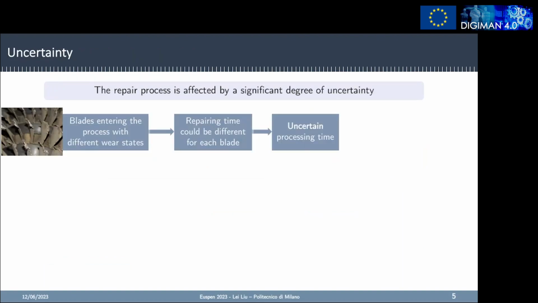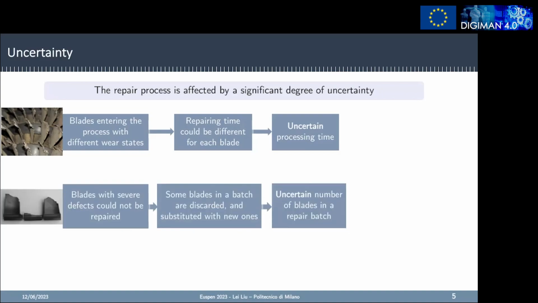Okay, now let's see what the problem in this process is. The repair process is affected by a significant degree of uncertainty. Firstly, the blades enter the process with different wear states, and the repairing time could be different for each blade.